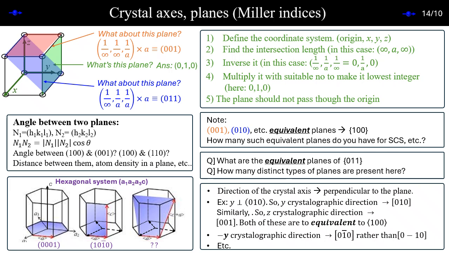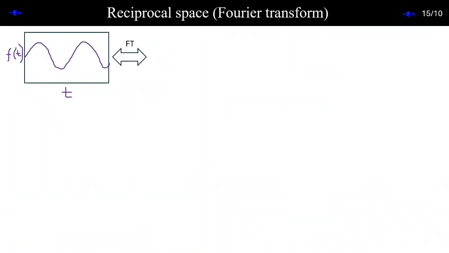So this is how we define crystal planes. Now the question is, experimentally, is there any way to probe this information? The answer is yes. But before that, there is another thing. In real space or crystals, we have seen this periodic arrangement of atoms or lattice, right?